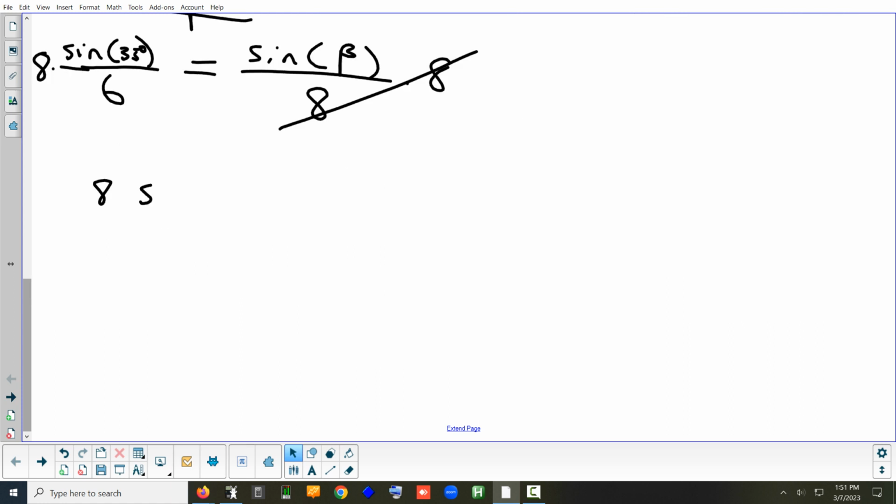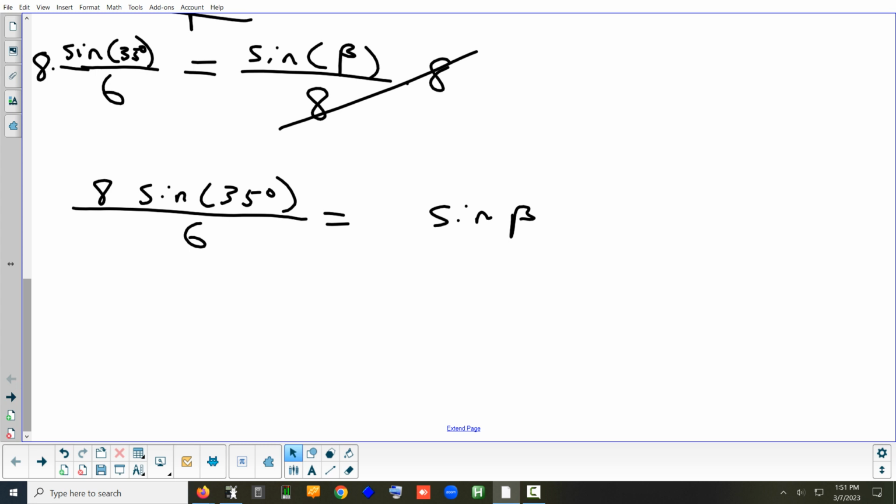And I get 8 sine 35 over 6 equals sine beta. And you can reduce 8 over 6 to 4 over 3. But honestly, whether I press an 8 and a 6 or a 4 and a 3 on the calculator, what difference does that really make? So I would just leave it as 8 over 6.